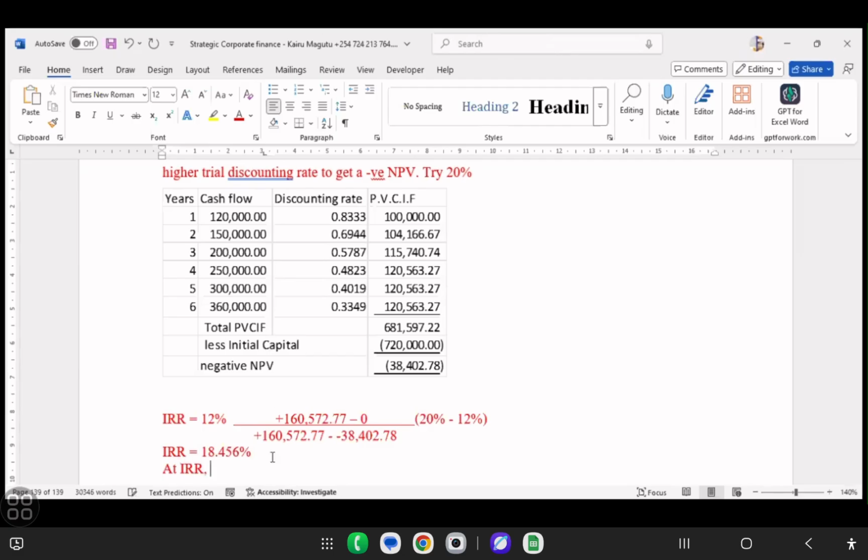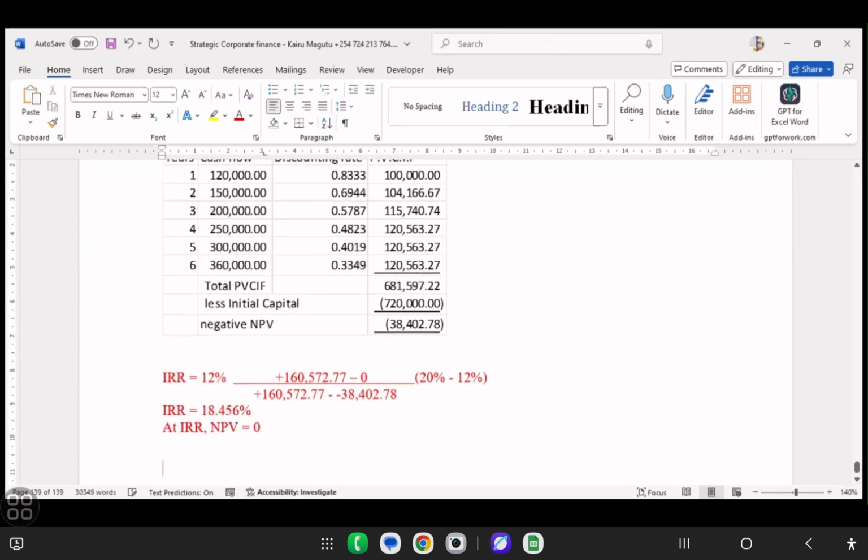At IRR, we say that NPV is equal to 0. That means if IRR is used to discount the cash flow, the NPV will be equal to 0.